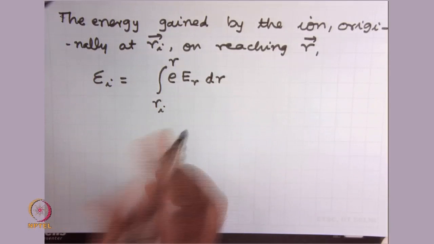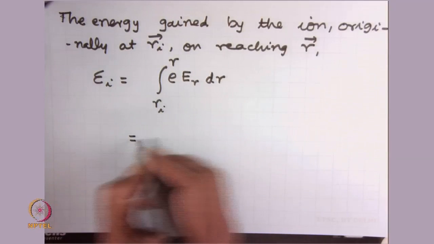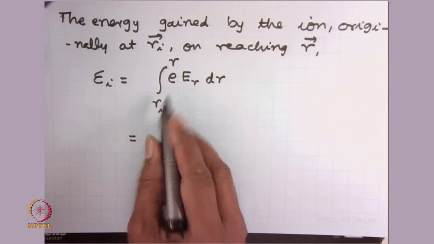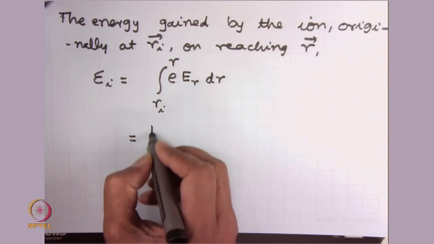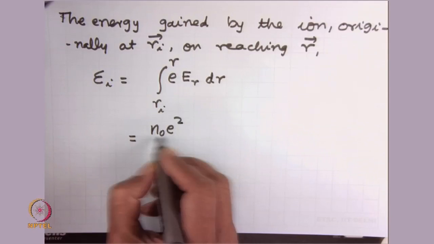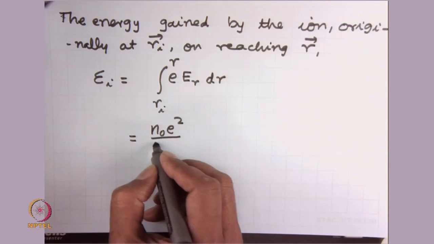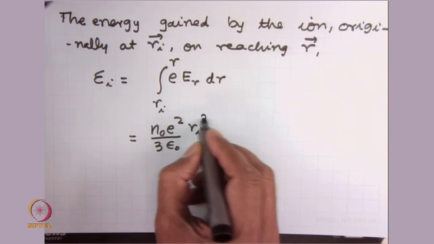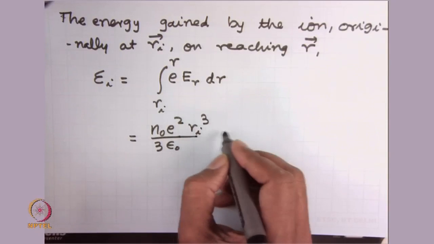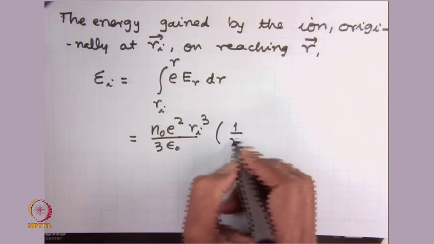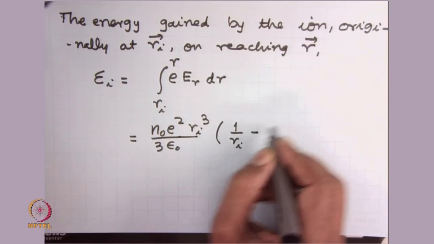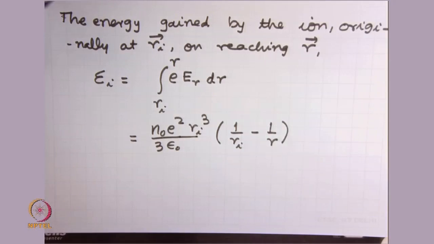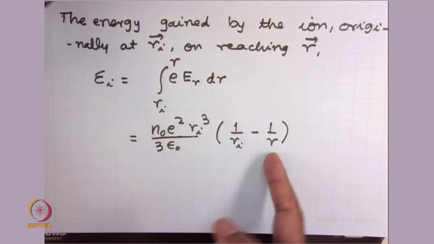If you evaluate this quantity, it turns out to be N0 e square upon 3 epsilon 0 Ri cube, and this turns out to be equal to 1 upon Ri minus 1 upon r. This is the energy gained by the ion.